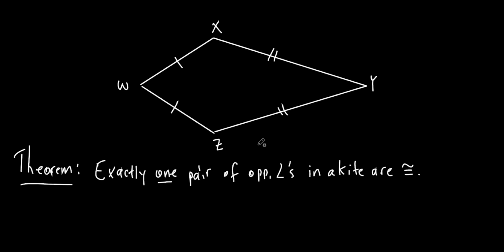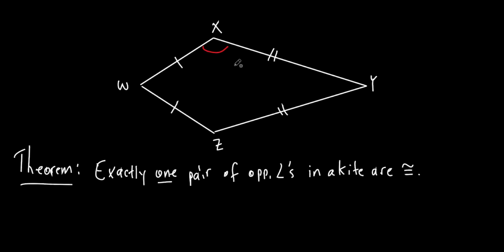Everybody got that? So now, what does it say? It says exactly 1 pair of opposite angles in a kite are congruent. So we got 1 pair of equal angles, okay? And then we got another pair that they're what? Not equal. Got it? Which ones on here do you think are equal to each other? The X and the Z. Very good.